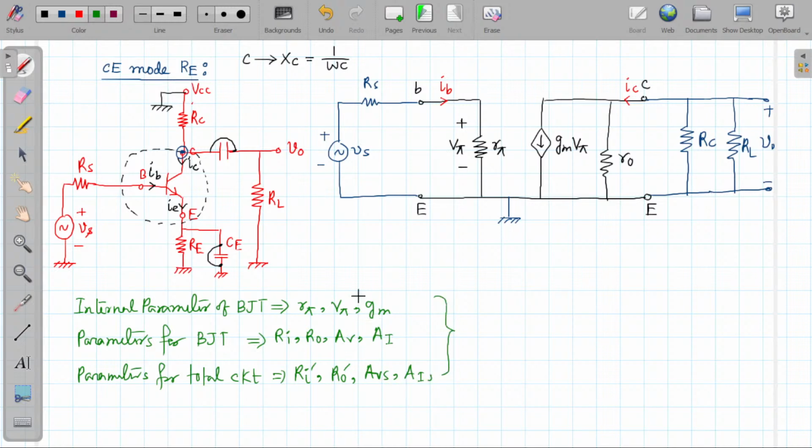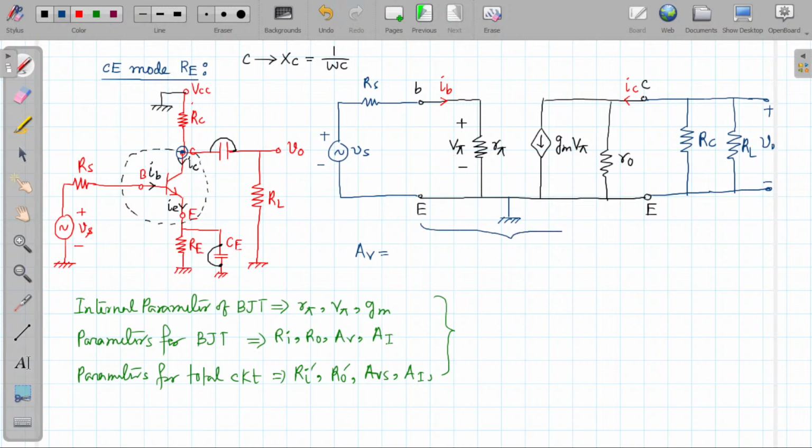Now, if you remember, what was voltage gain? The parameters of the BJT were voltage gain, current gain, input impedance and the output impedance of the BJT. Now, if we talk about the voltage gain of the BJT, it will be the output voltage divided by the input voltage. So this is the BJT part.